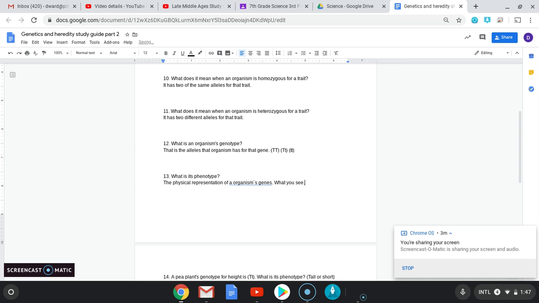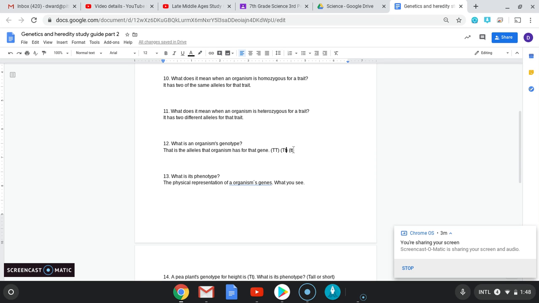Okay, so right here, my phenotype for my pea plant would be tall, right? Because that plant's going to be tall. Here, my phenotype would also be tall, even though our genotype is different. Because that dominant T allele is there, it's the same phenotype as this one. They're both going to be tall.